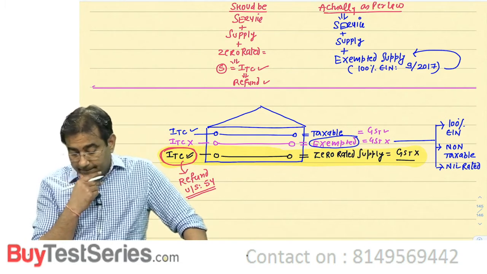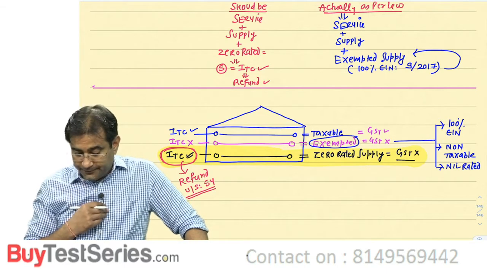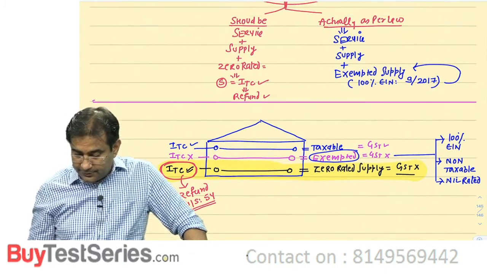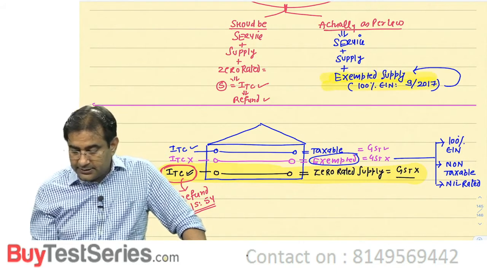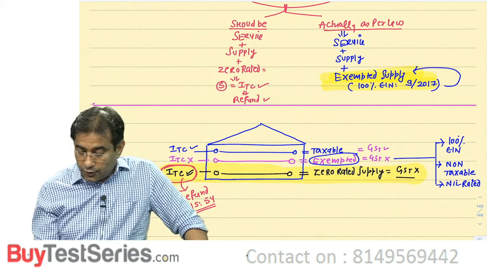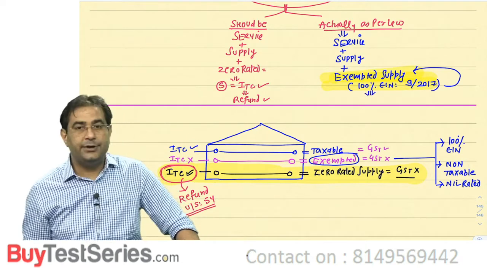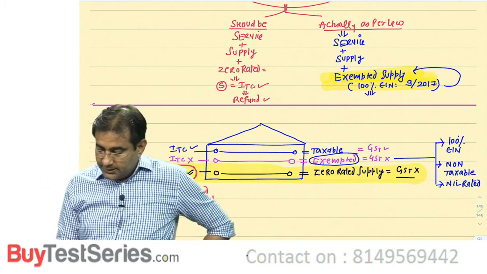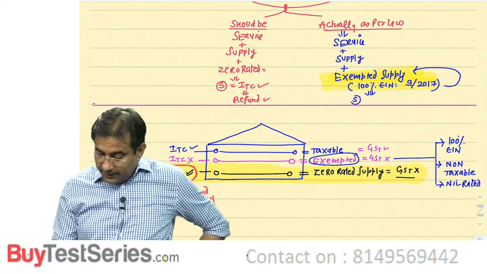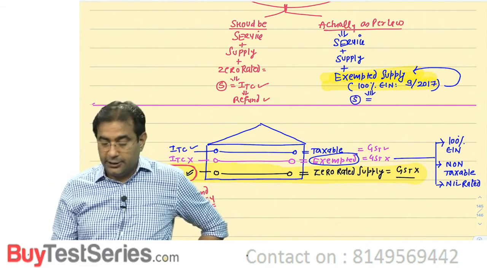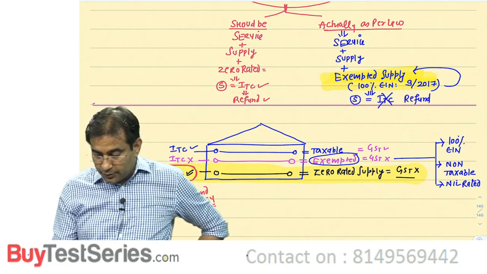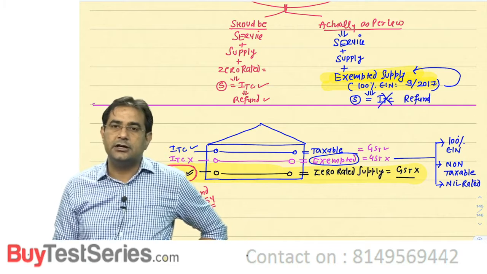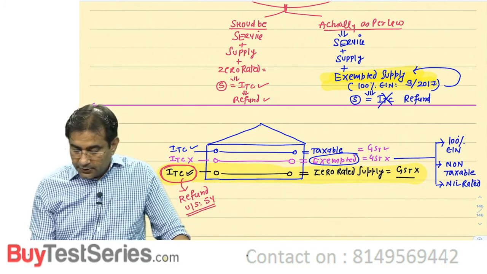So now what to do in such a particular situation? Government said it is exempted supply, my dear. So correspondingly, the supplier is not entitled to have ITC thereof and no question of refund thereof. This was a cheating, my dear.